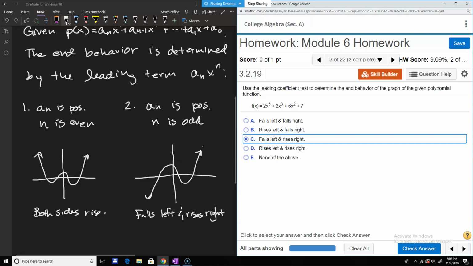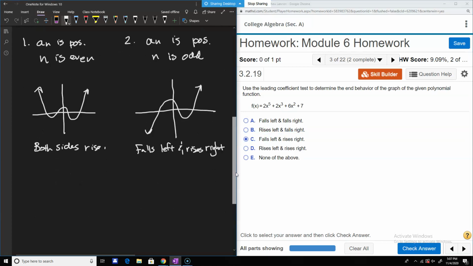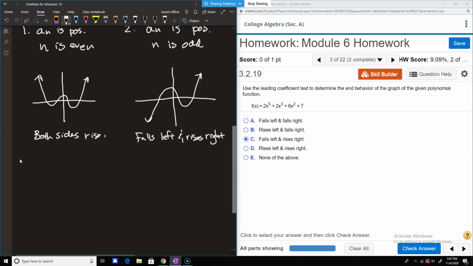But let's still walk through the remaining 2 cases where a sub n is negative. So 3, you could have a sub n is negative and n is even. So that would be like y equals minus x squared. In that case, you would have both sides fall.